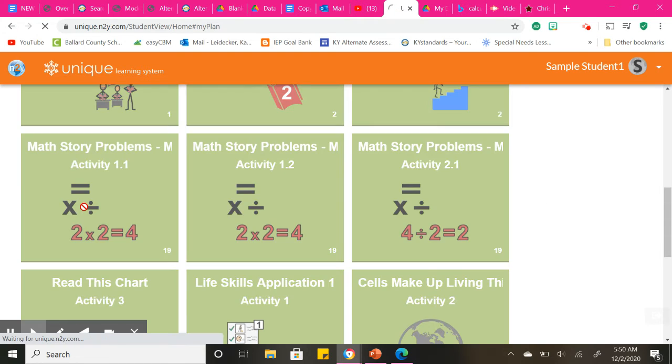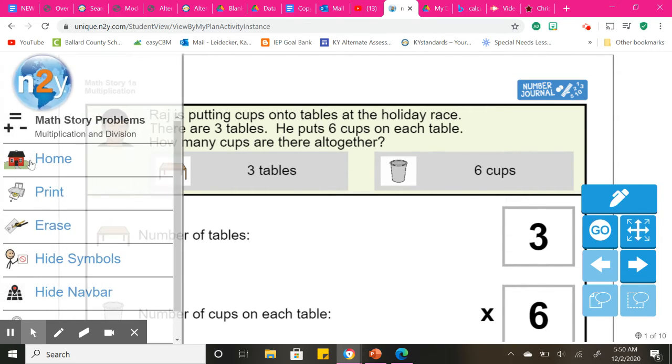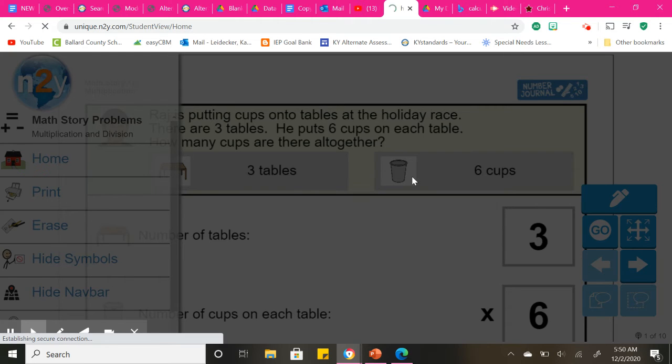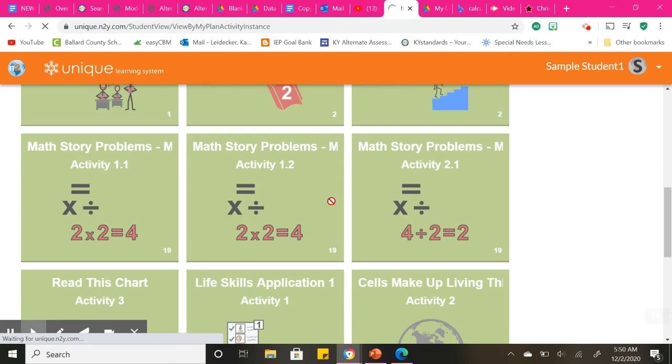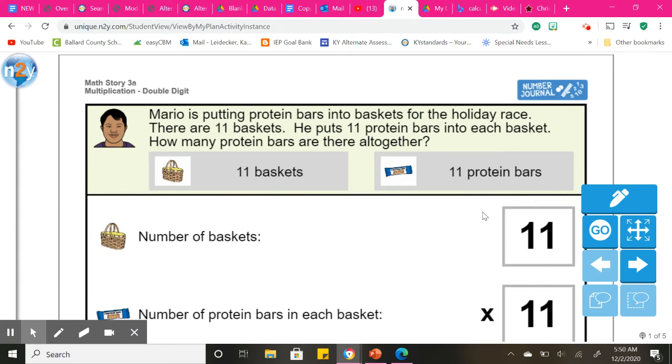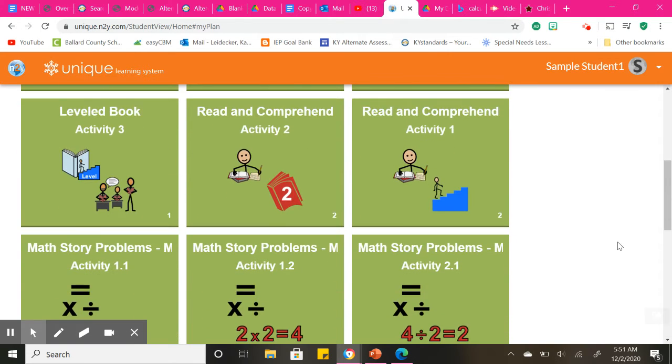For math, you have a multiplication box. So you'll do multiplication of single digits, and then the next box is of double digits. So you'll have like a double digit number to multiply. And then I wanted to show you this next box is division.